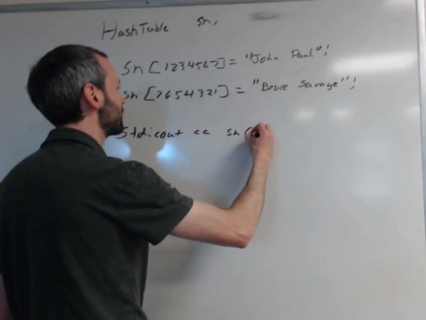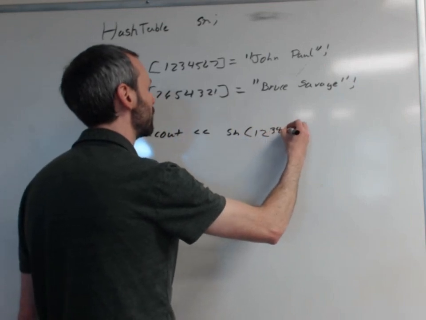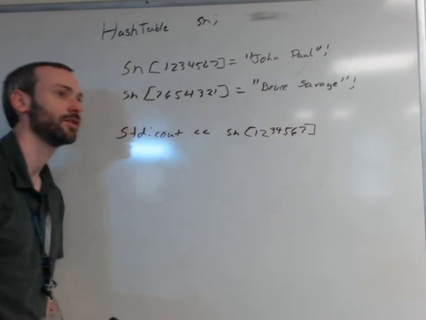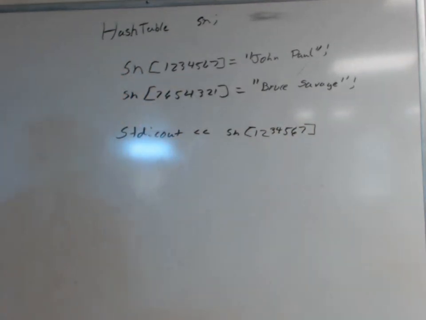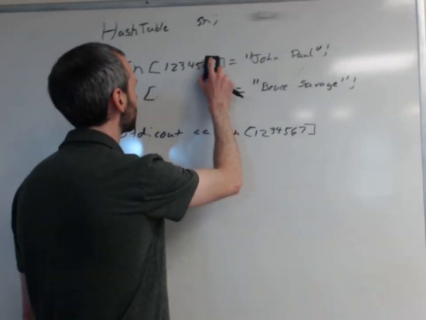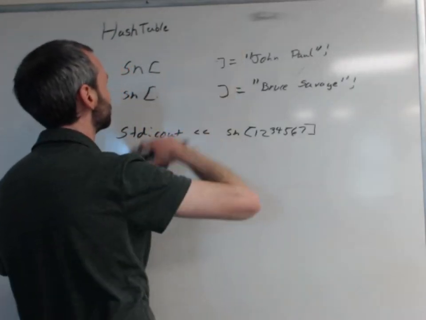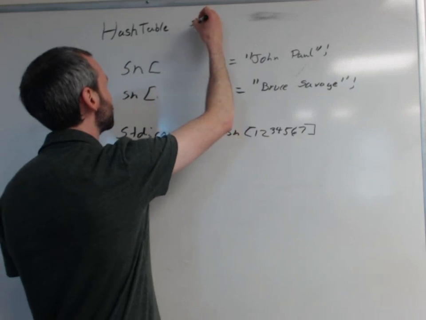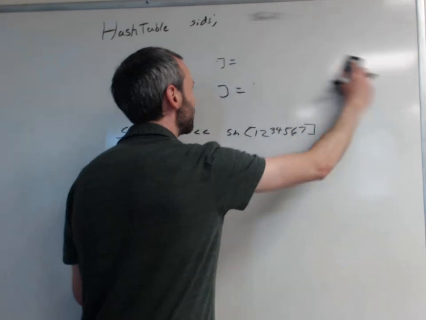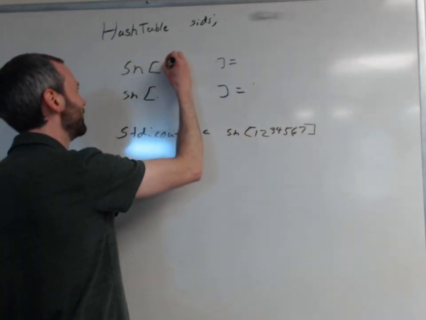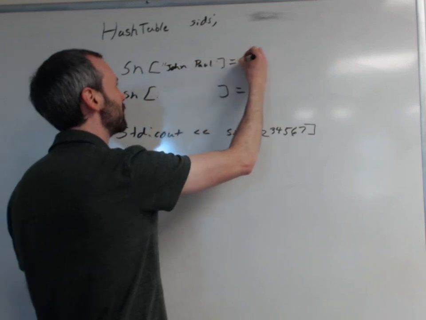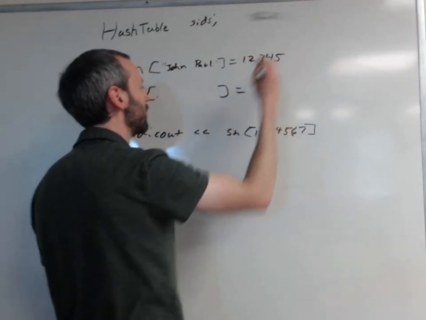So we see SN of 1, 2, 3, 4, 5, 6, 7. What should it print out? John Paul. All right, so this could have easily been done with arrays. So let's switch them and do student IDs, because no one stopped me. Anyways, John Paul, 1, 2, 3, 4, 5.